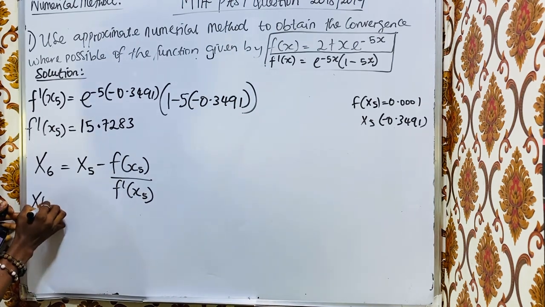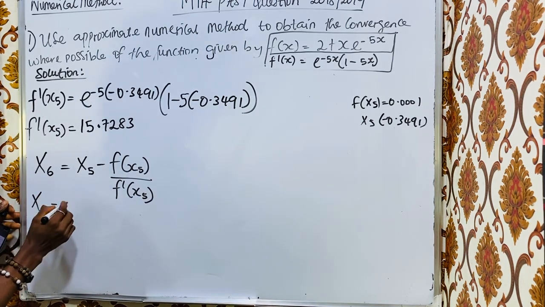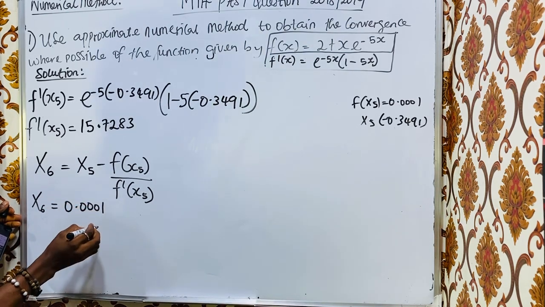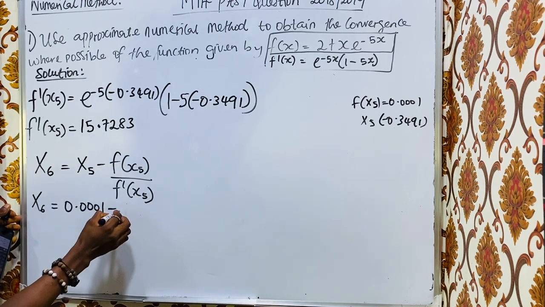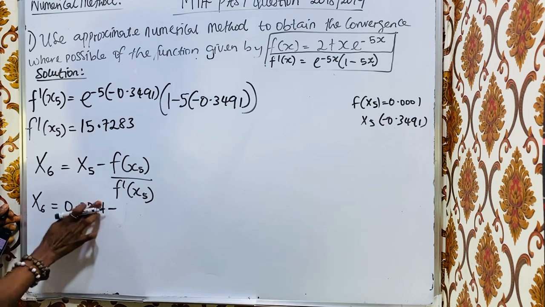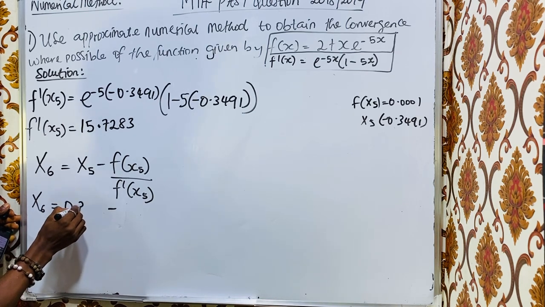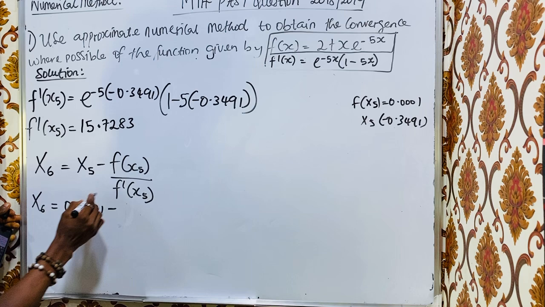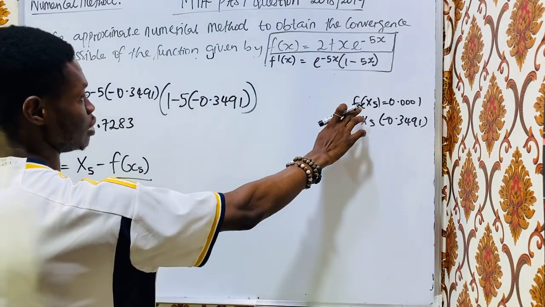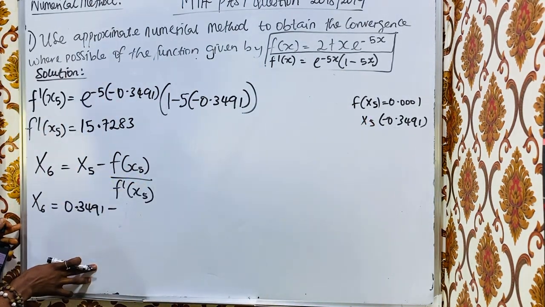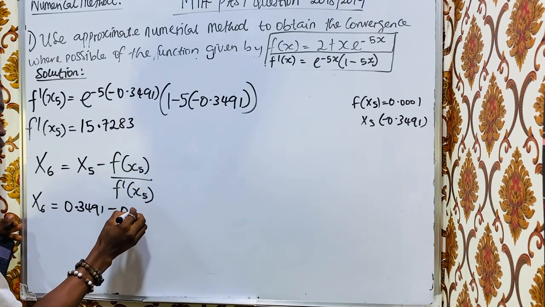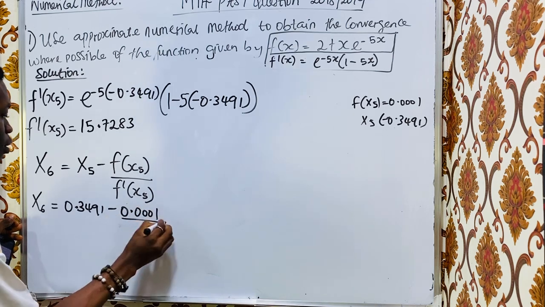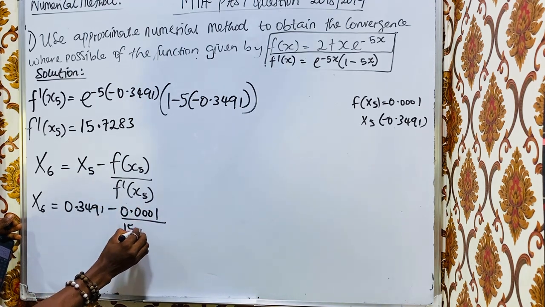So that's the sixth iteration. x5 is, thank God it's still here, minus 0.3491. Then f of x5 is 0.0001, and f prime of x5 is 15.72.